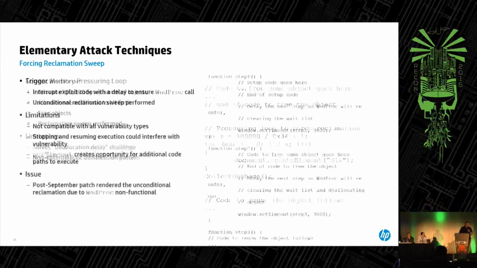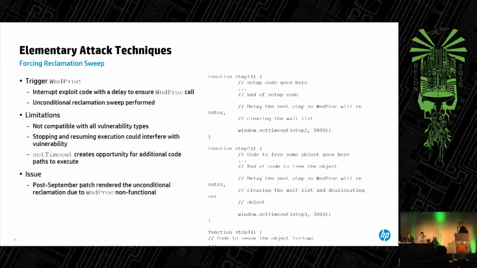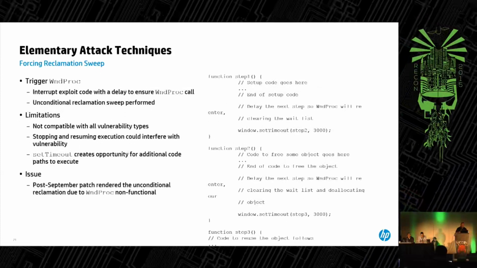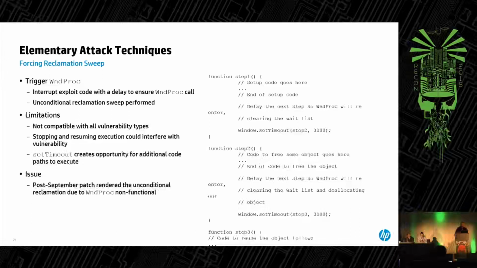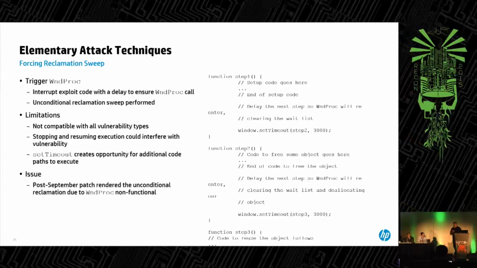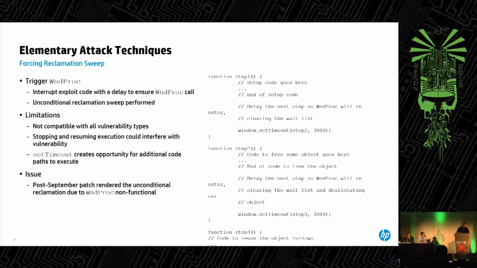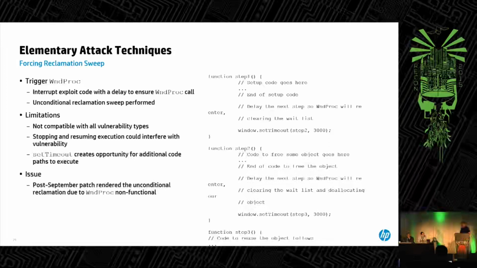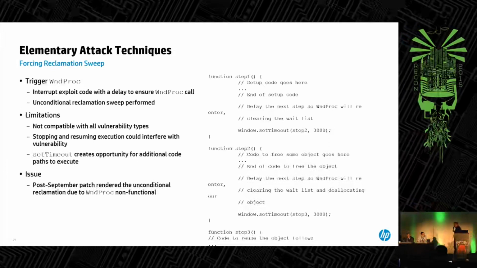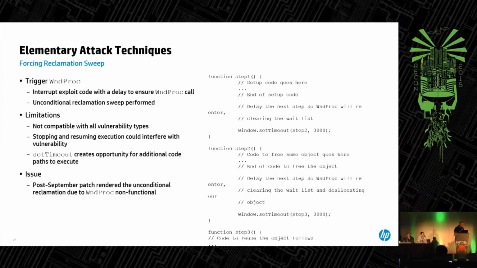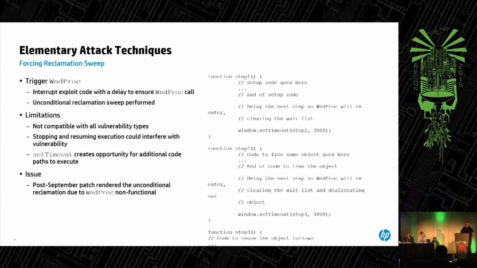When we submitted this paper back in October of 2014, there was an unconditional reclamation step when WndProc was entered to service a message on the thread's main. When WndProc is actually entered, this unconditional reclamation step was, post September 2014, rendered non-functional by Microsoft, and so this attack technique no longer works.